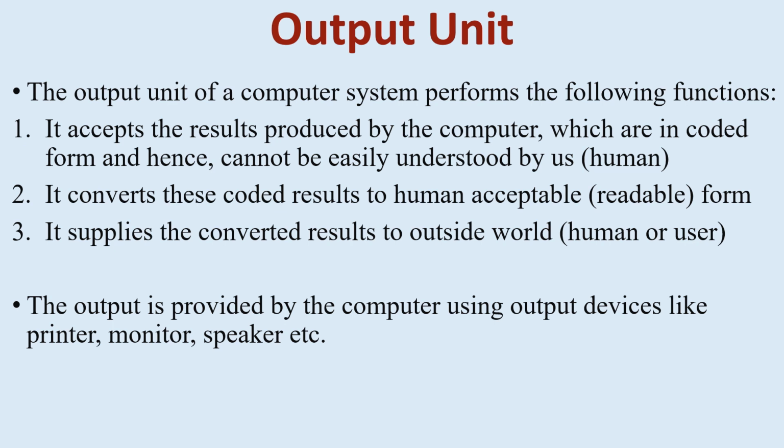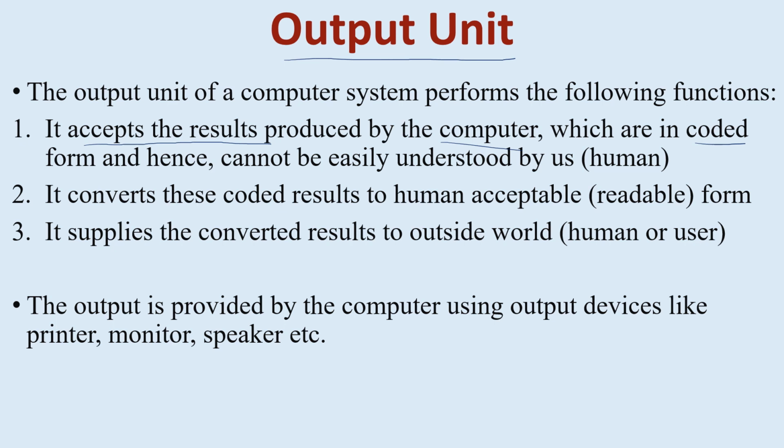Then second one is the output unit. The output unit of a computer system performs the following functions. It accepts the results produced by the computer which are in coded form and hence cannot be easily understood by us.